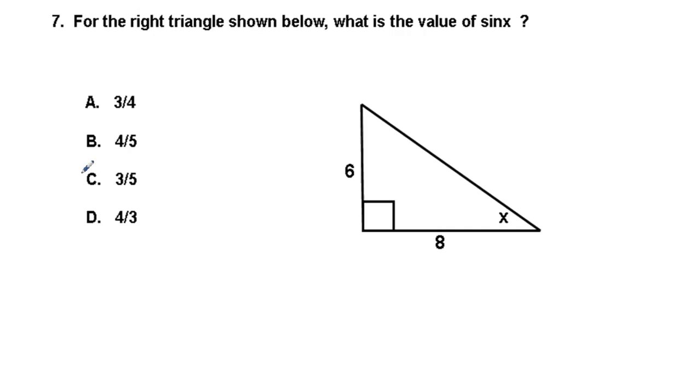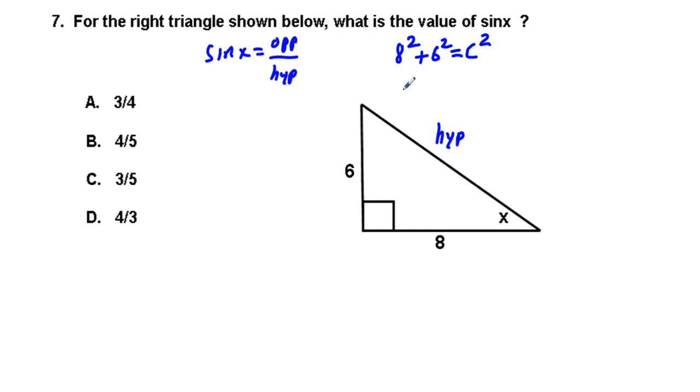7. For the right triangle shown below, what is the value of sine x? We have to understand what our trigonometric ratio is. So sine x is going to be opposite over hypotenuse. This over here is going to be our hypotenuse, and to find it we can use the Pythagorean theorem, a squared plus b squared equals c squared.